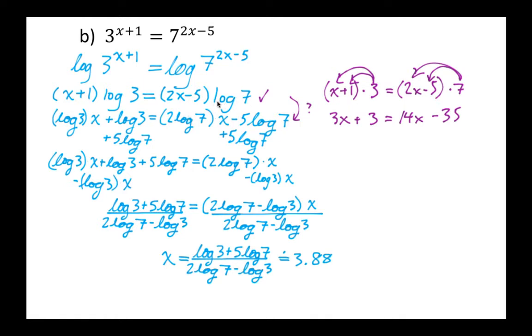So I multiplied the log 7 and the 2. That gives me the coefficient of x. Just like 7 times 2 gave me the 14, which is the coefficient of x here. And then I do log 7 times negative 5, which is 5 times log 7. Obviously, those are the same thing. Just like I did 5 times 7 here gave me 35.